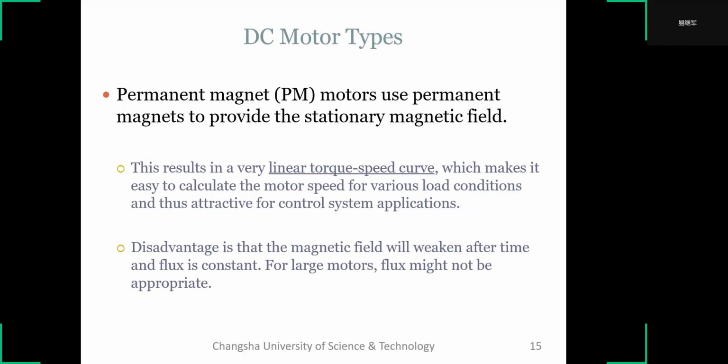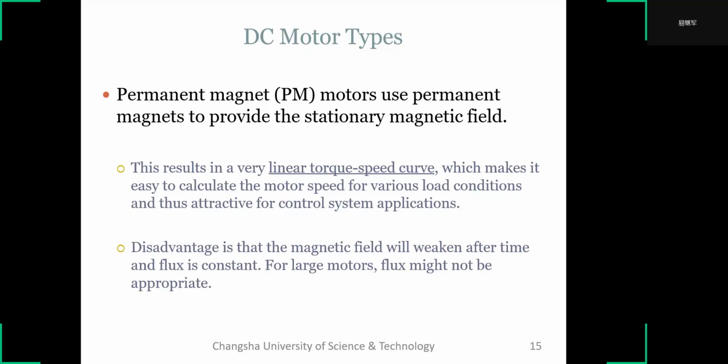DC motor types: permanent magnet motors use permanent magnets to provide the stationary magnetic field. This results in a very linear torque speed curve, which makes it easy to calculate the motor speed for various load conditions.